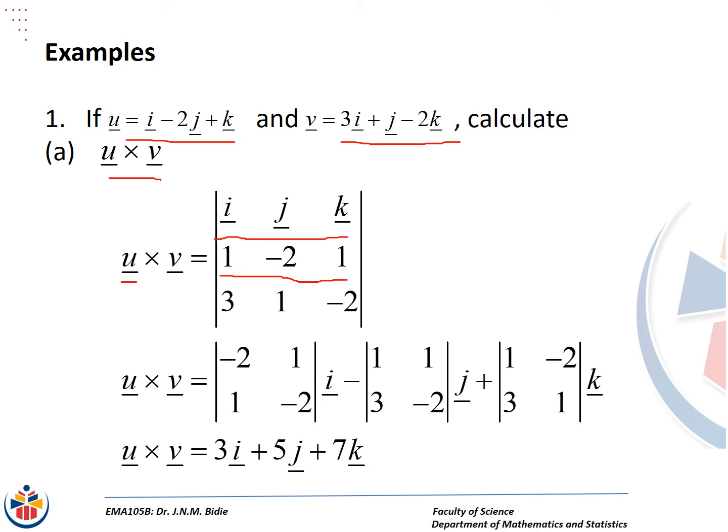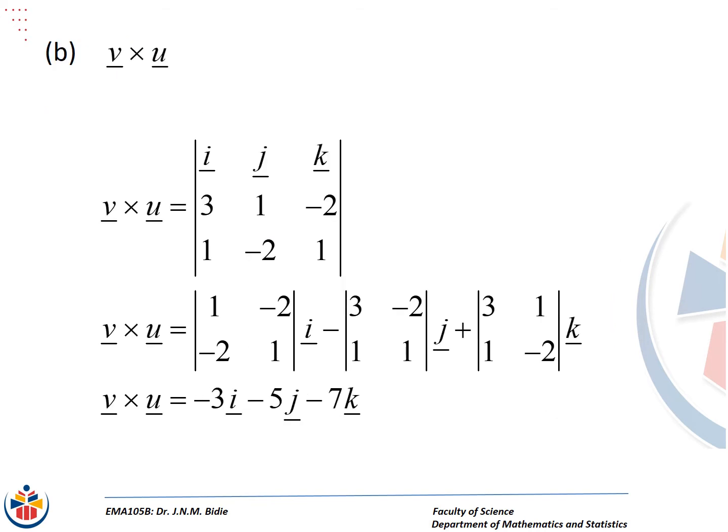So we used minors and cofactors to find this determinant, and we got 3i plus 5j plus 7k. Please check, and you may also use other methods to determine this determinant.